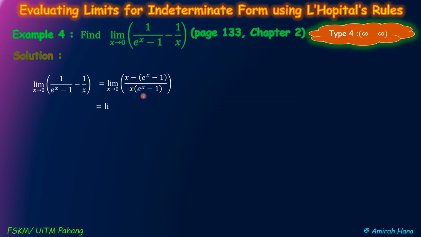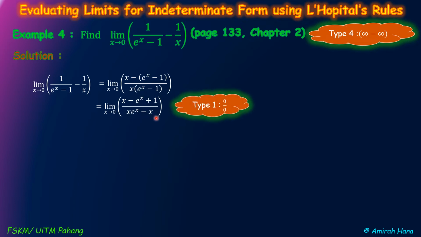After that, we expand and simplify. So we have limit x to 0 of x minus e to the power of x plus 1. Then we expand the denominator, so we have x e to the power of x minus x.